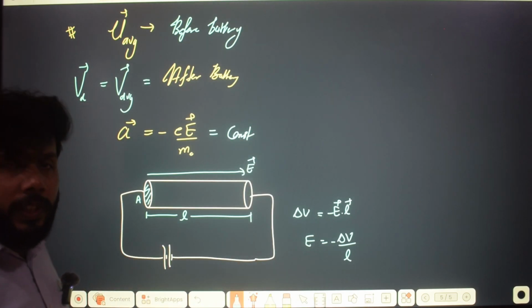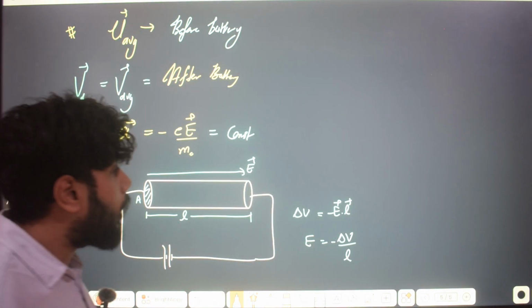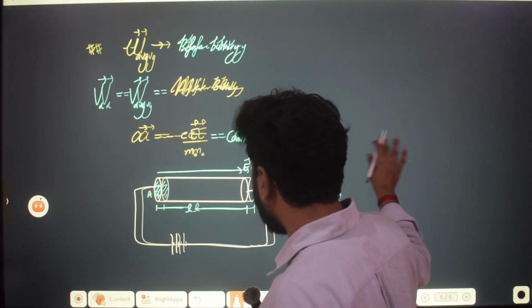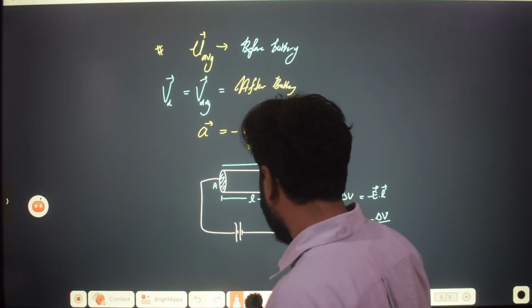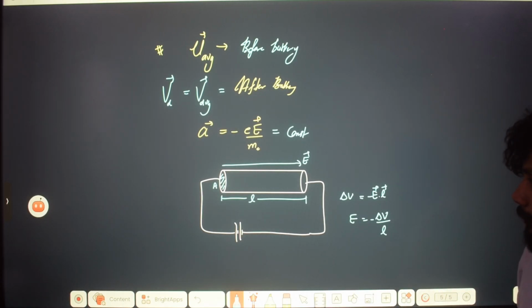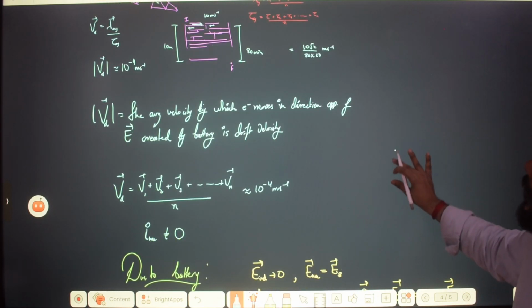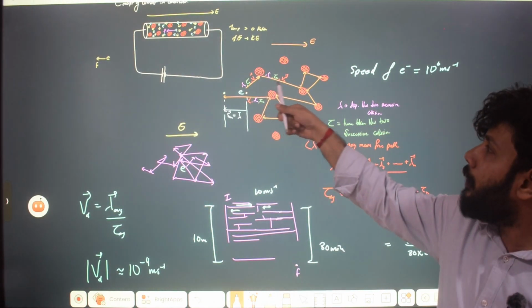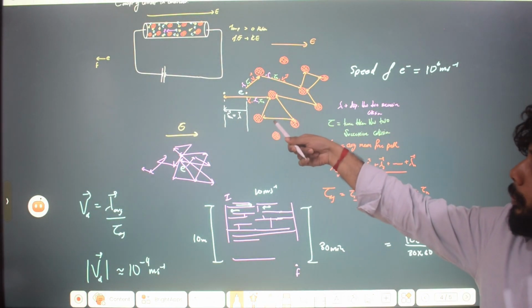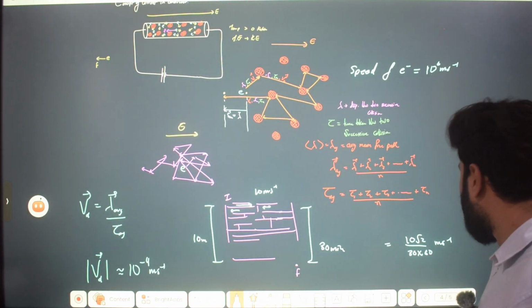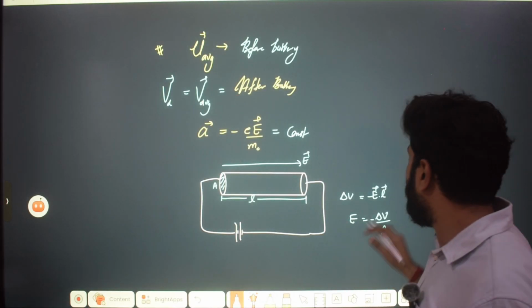So if the acceleration of each electron is constant, we can simply apply the equations of motion. If you go back to the previous diagram, the velocities v1, v2, v3 up to vn can be written in terms of u1, the acceleration, and tau, and that's what we are going to do here.